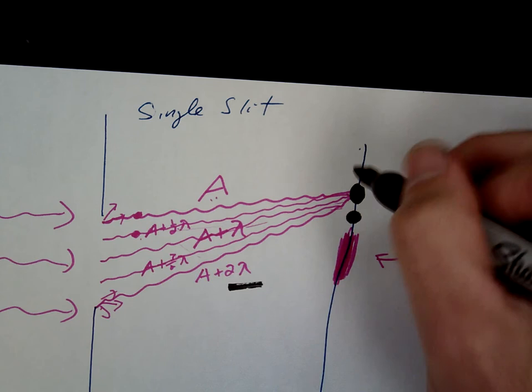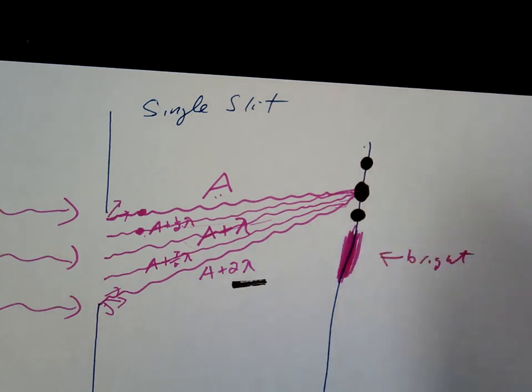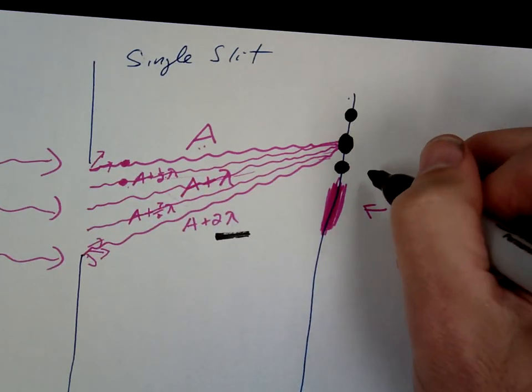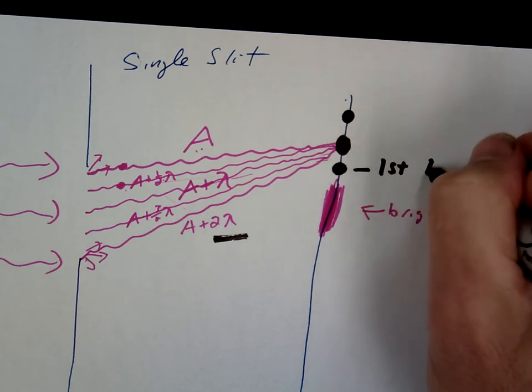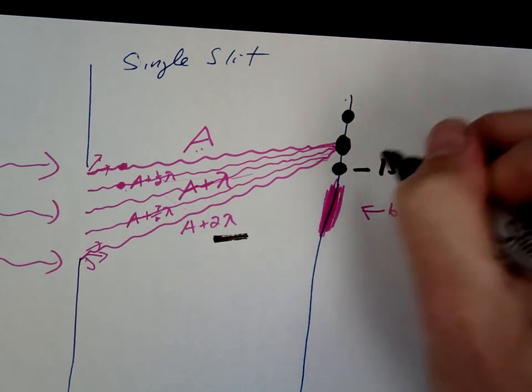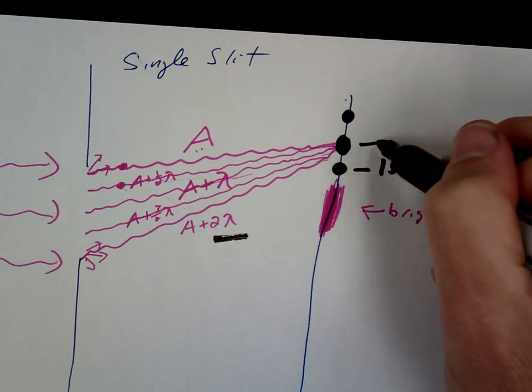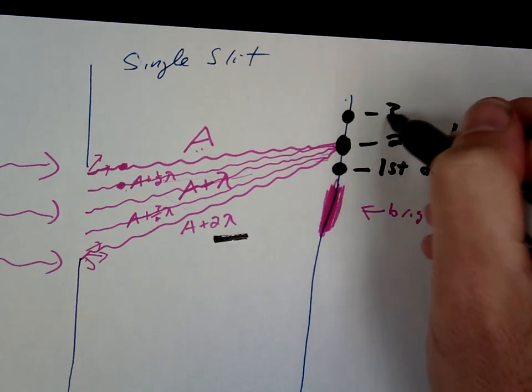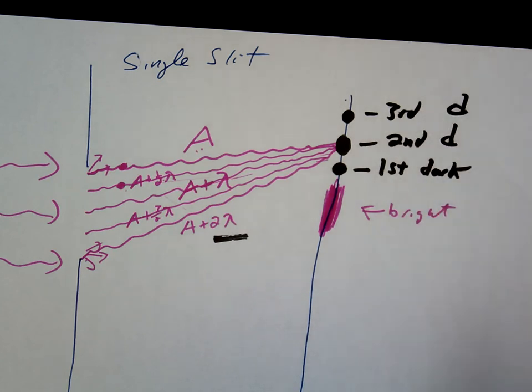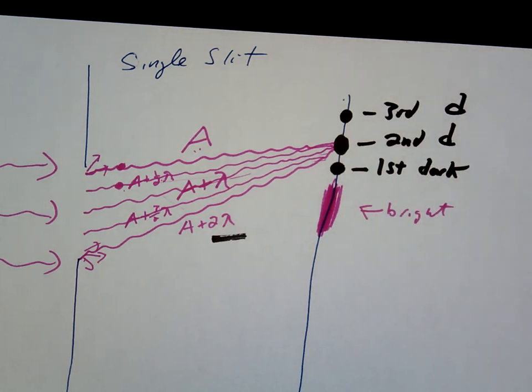So these would be our first order dark spots: first dark, second dark, third dark. And then we have this bright spot right here.